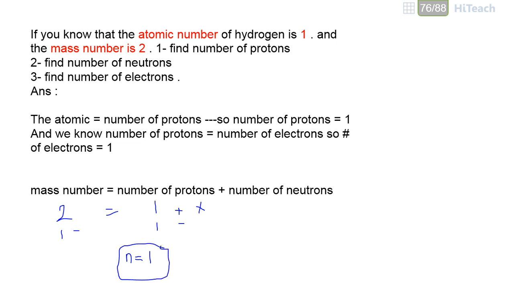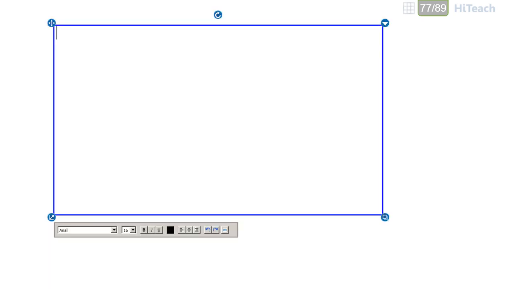Okay. Then I'll give you another example. These examples are important, guys. The example now: the atomic number of chlorine is 17 and the number of neutrons equals 18.